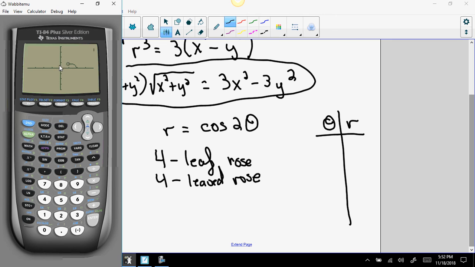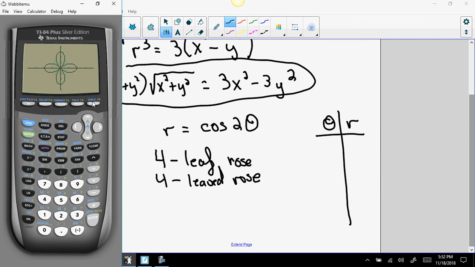So it starts there. And I want to make sure that it took the full 360 degrees or 2 pi to graph. Please stop right there. Pretty cool. So you needed the full 360 degrees or the full 2 pi, 0 to 2 pi to actually graph it.